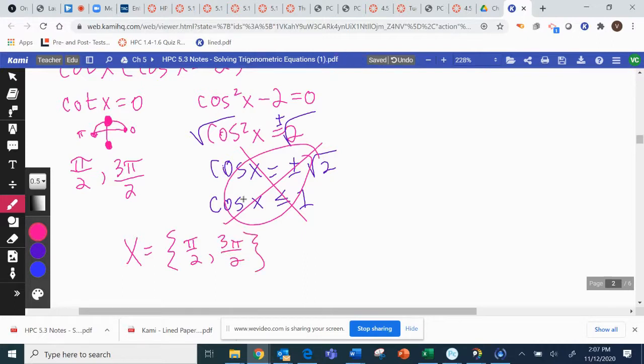And then the general solution for that would be pi over 2 plus, what's the period of cotangent? Pi n, where n is an integer. Do I need to put the second one?